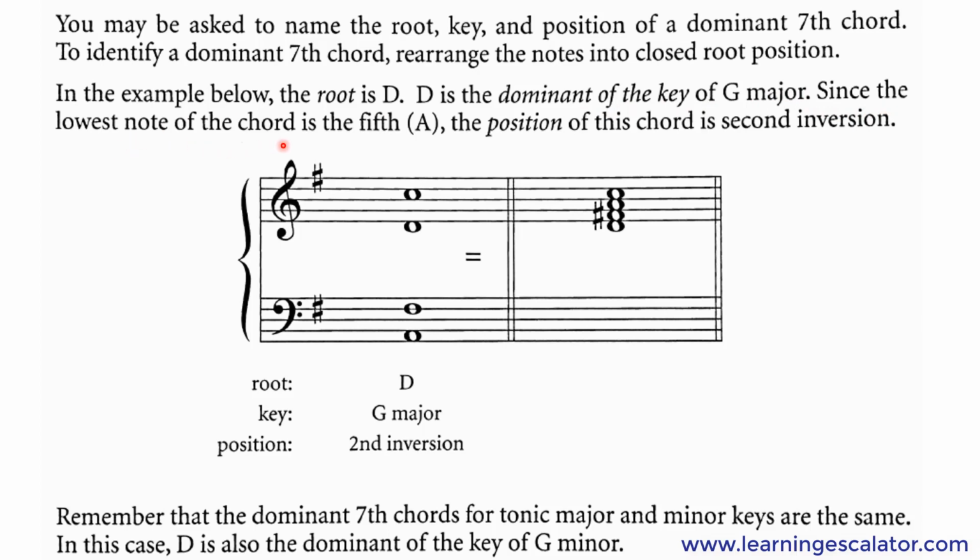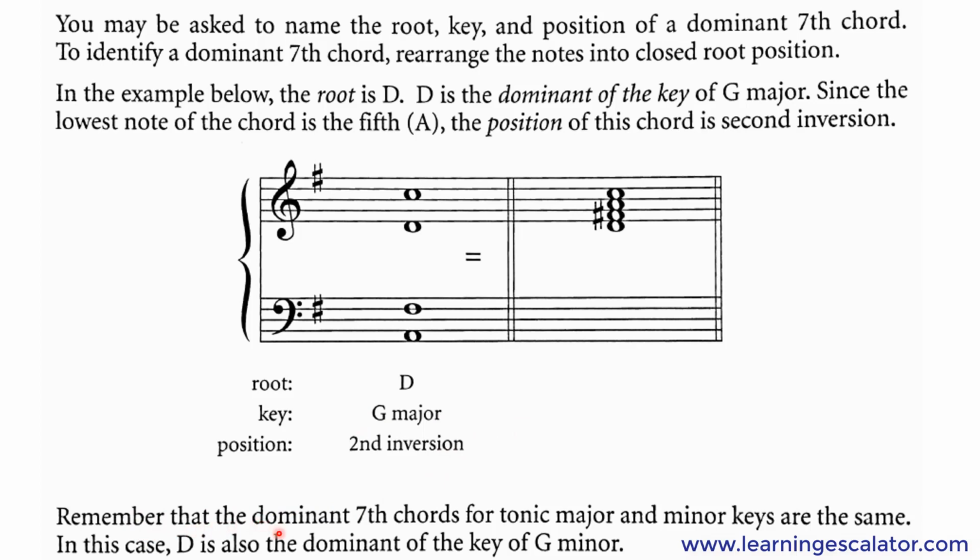Since the lowest note of the chord is the 5th, A, the position of this chord is second inversion, because if you put it into closed position, it's D, F sharp, A, and C. And since A is on the bottom and A is the third note, that means it's second inversion, and it's G major because D is the dominant note of G major.